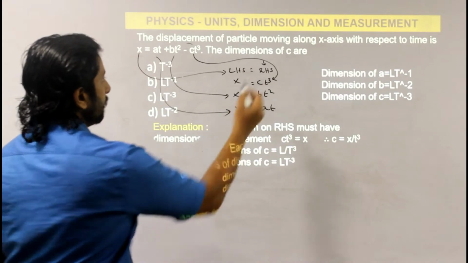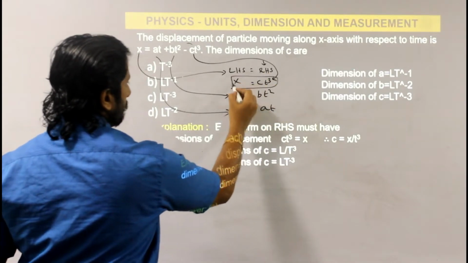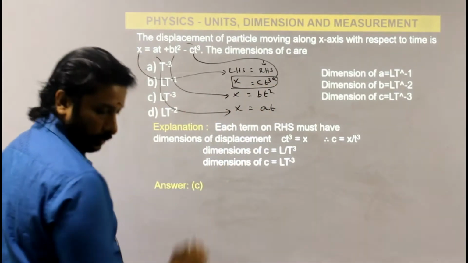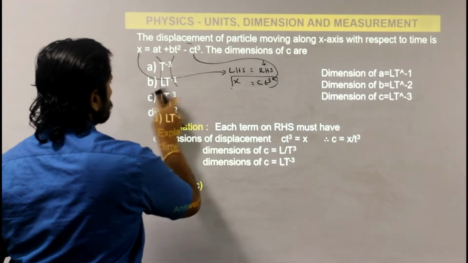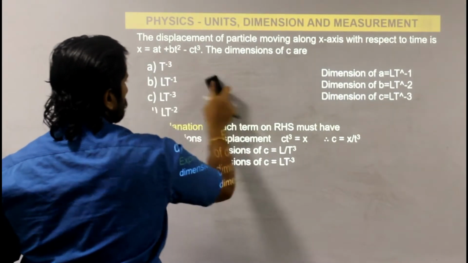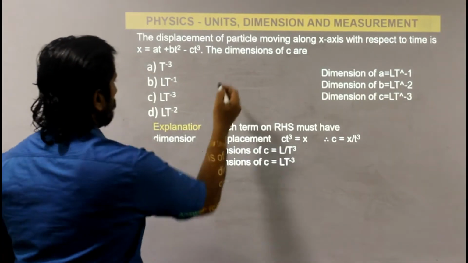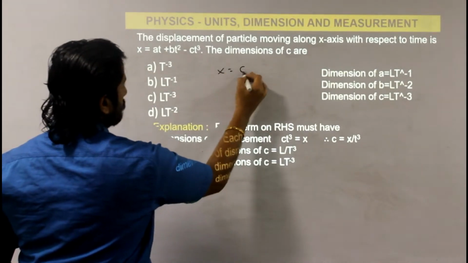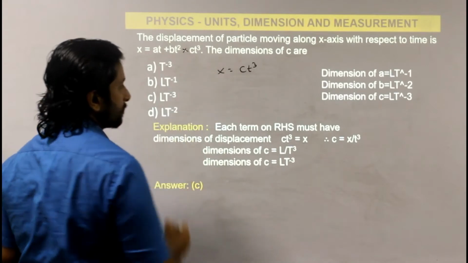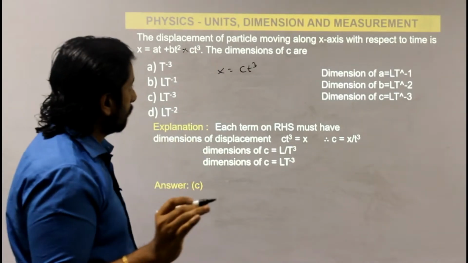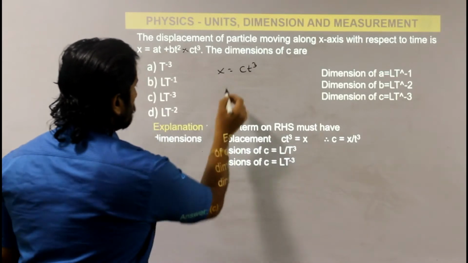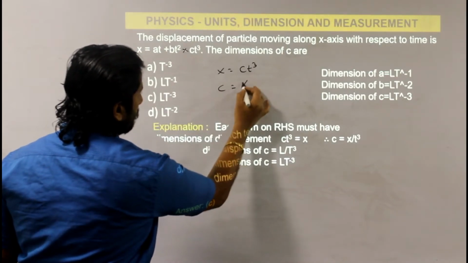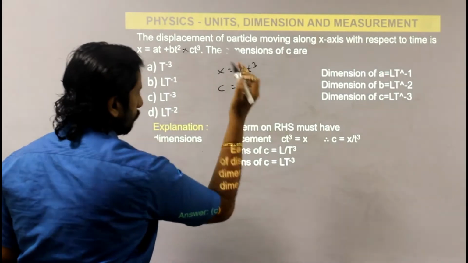So the question is dimension of C. We don't want these other things, so x is equal to ct cube. Discard these things, plus or minus, because I need to find the dimension only. Okay, so obviously C is equal to x divided by t cube.